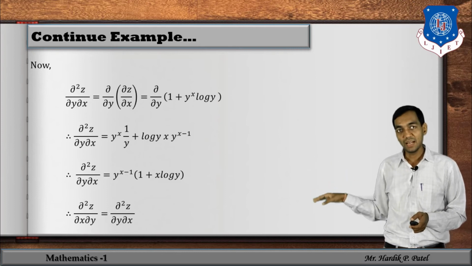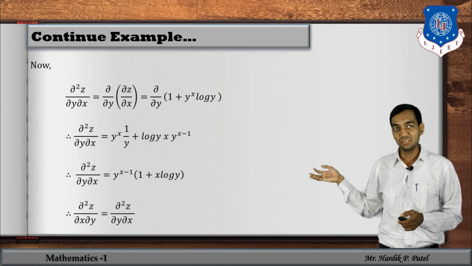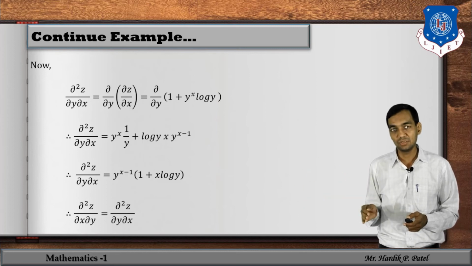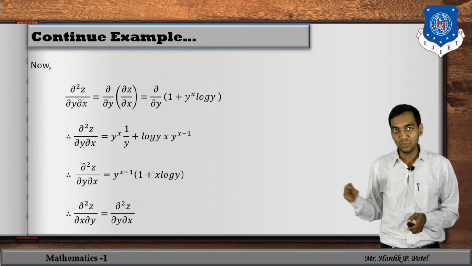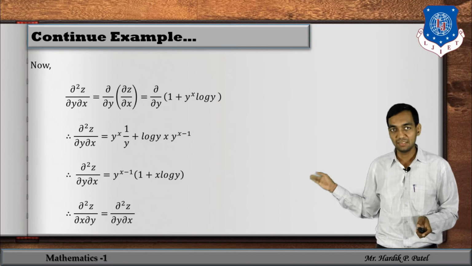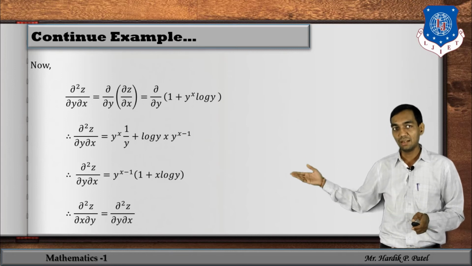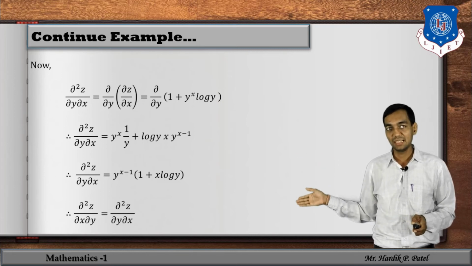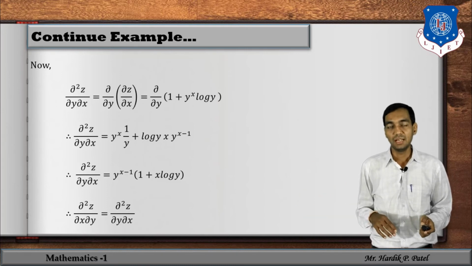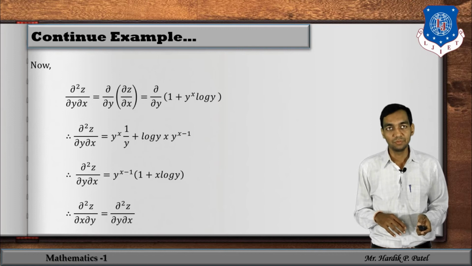Then log y as it is, and the derivative of y raised to x will be x into y raised to x minus 1, because x is constant. Simplifying this and taking y raised to x minus 1 common out, that will give you 1 plus x into log y. So you will have both del square z by del x del y and del square z by del y del x with the same value, and that proves your example.